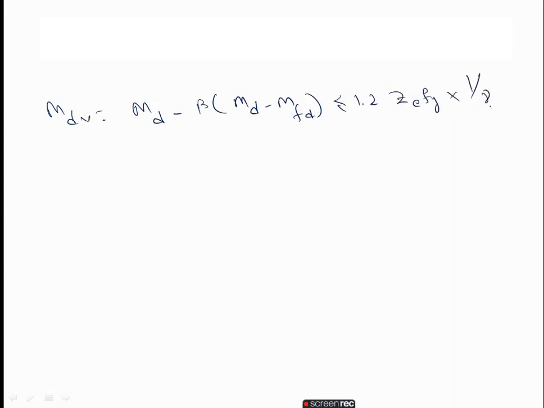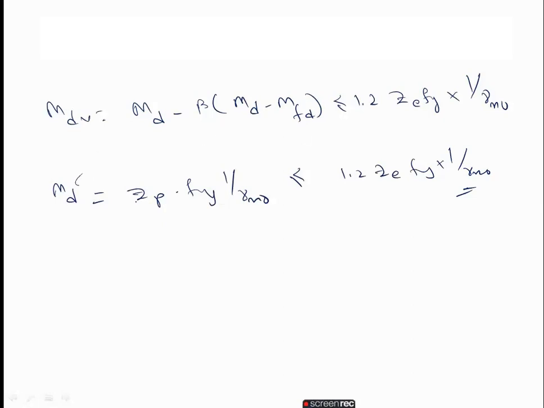The Mdv value is Md minus beta into Md minus Mfd, less than or equal to 1.2 Ze fy into 1 by gamma m0. So Md equals Zp into fy into 1 by gamma m0, less than or equal to 1.2 Ze fy into 1 by gamma m0. First we have to calculate the Md value.